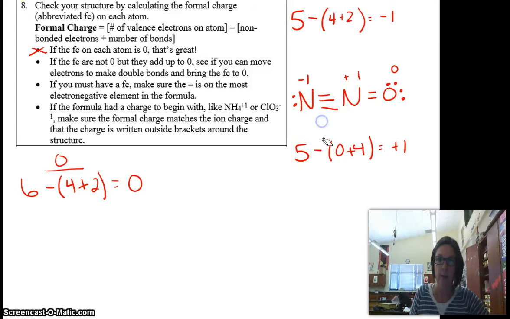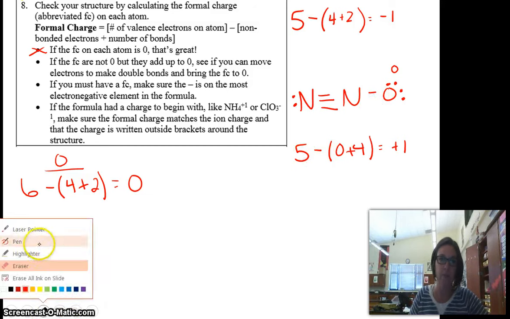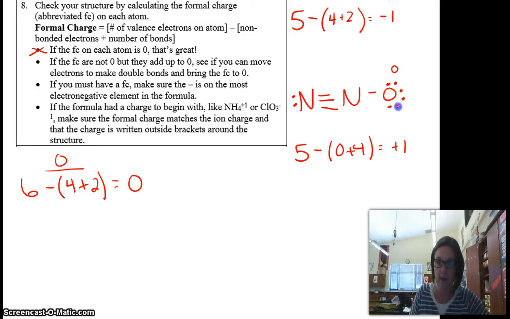These are not non-bonding anymore, and this is not going to be the right formal charge anymore. But before I move on, this now has an expanded octet because it's got 10 electrons, and that can't happen. It's not in the 3rd period or higher. So I'm going to have to move this double bond back to being a non-bonding pair here so that we can see if this works.